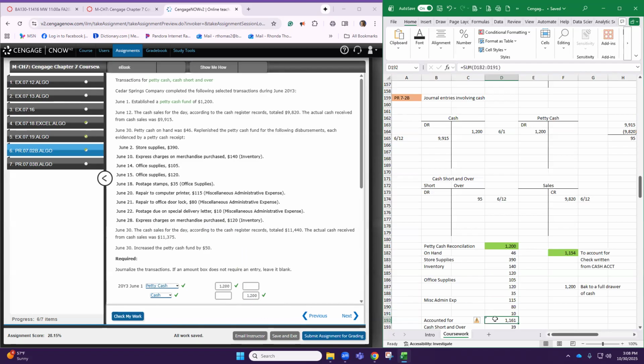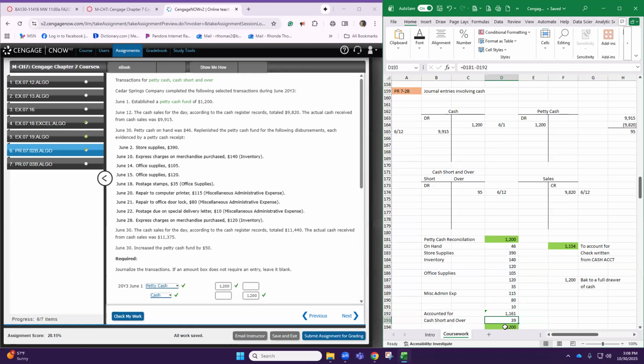Okay, so then here's how much we've accounted for. Accounted for, so that's what we have receipts for. Accounted for with receipts. Sometimes petty cash gets off, short and over.